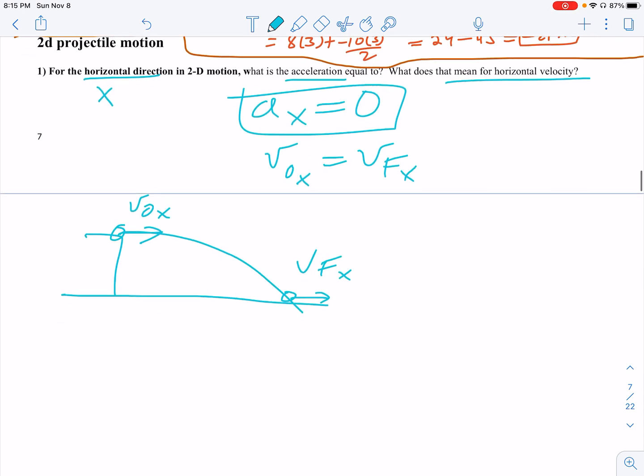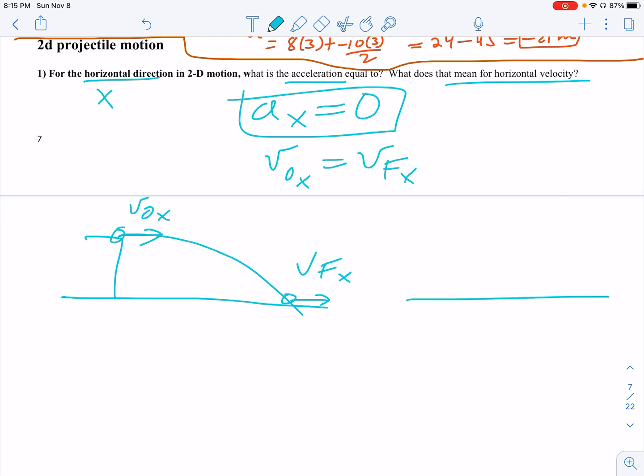Okay. If I threw something at an angle, this is VO, this would be VOX. Anywhere along the trip before it hits the ground, that VX is going to be the same thing as VOX, no matter where it's at.